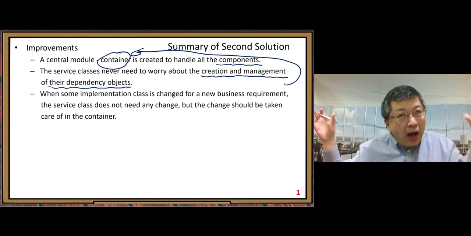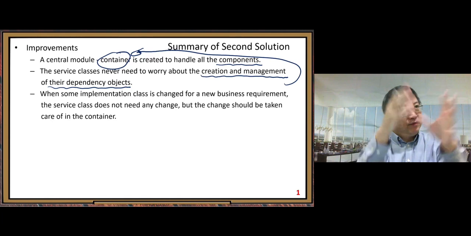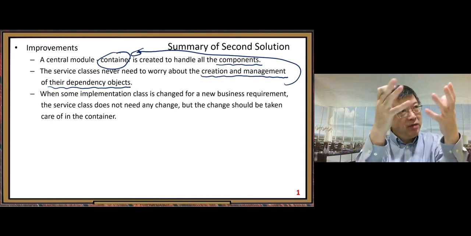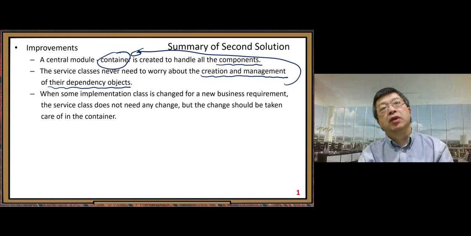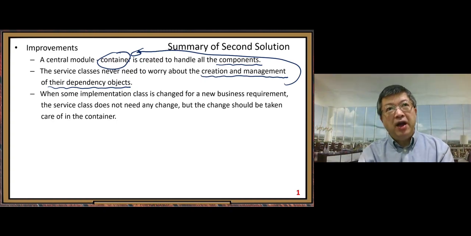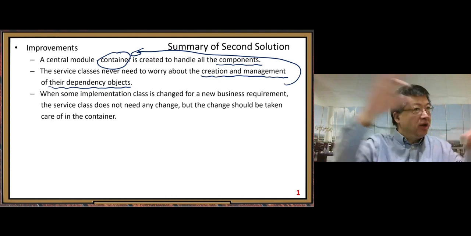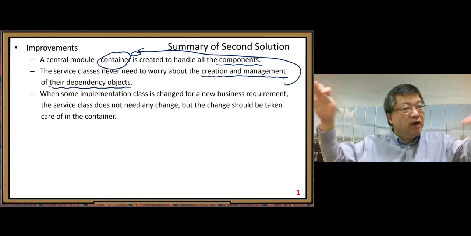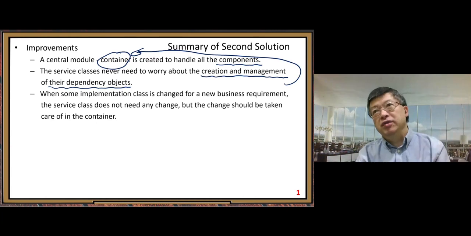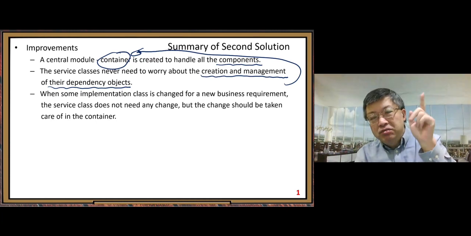You change a lot of dependency object names in a central location. It is better than changing many different Java classes, more efficient. But that change is still not the best.